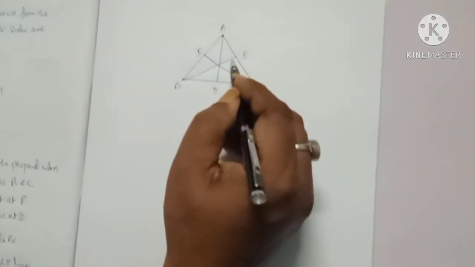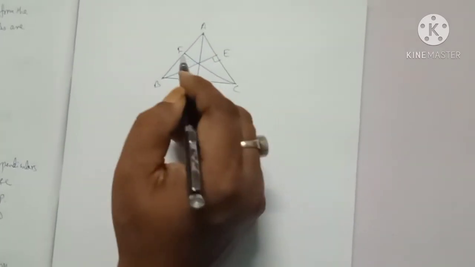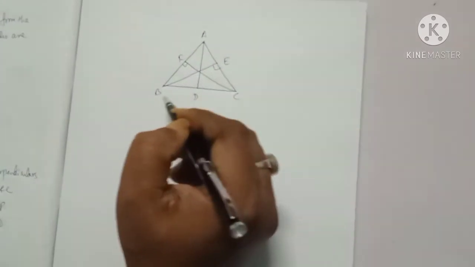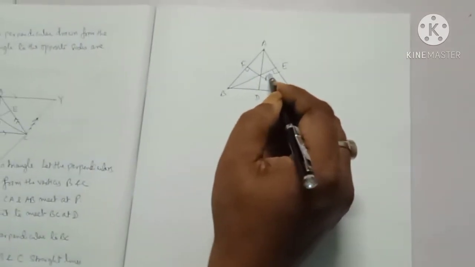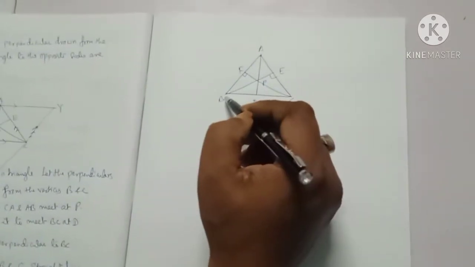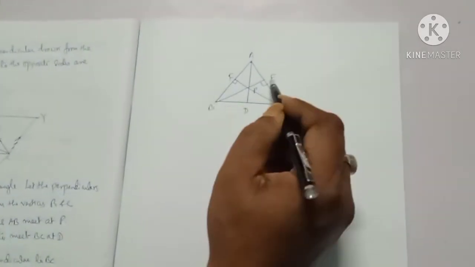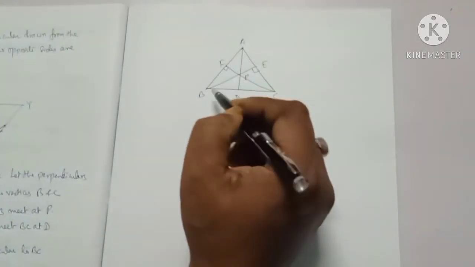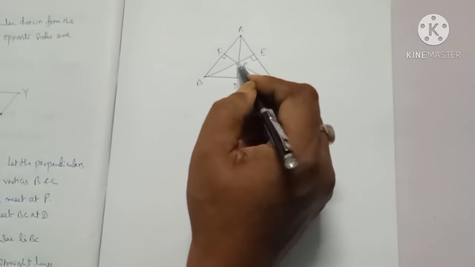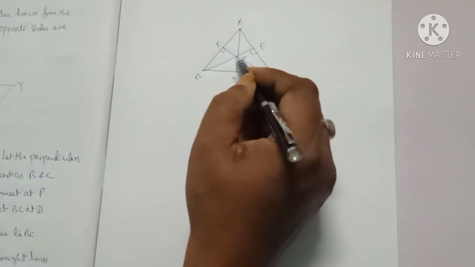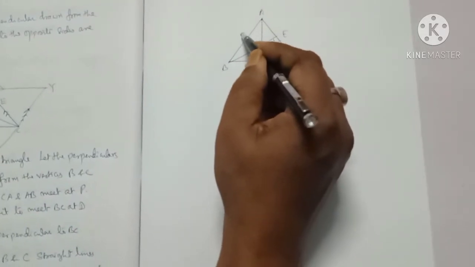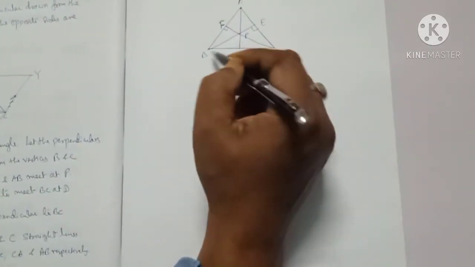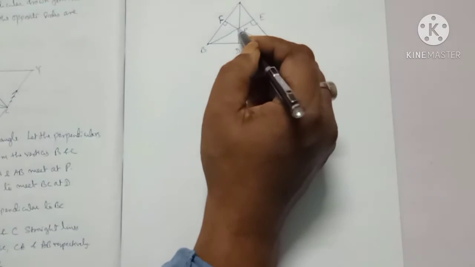That is, BE is perpendicular to AC and CF is perpendicular to AB. This is given. BE and CF intersect at P.